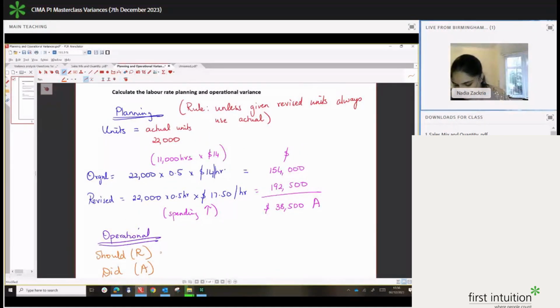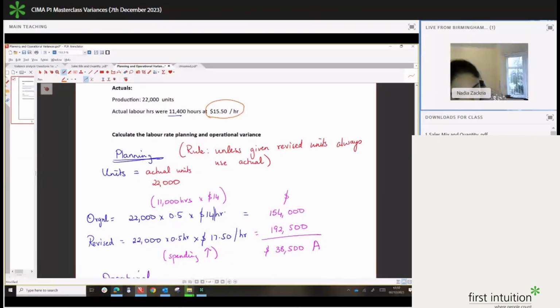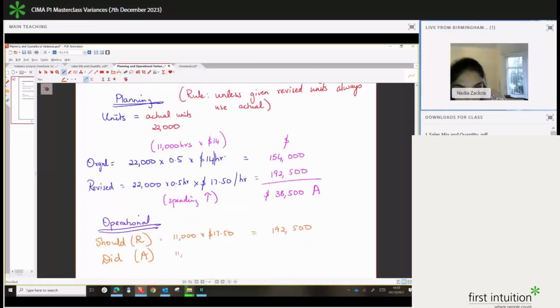22,000 times 0.5. Let me just check that. So 11,000 times $17.50, which was 192,500, versus what we did. Operational will be revised again to our actual.